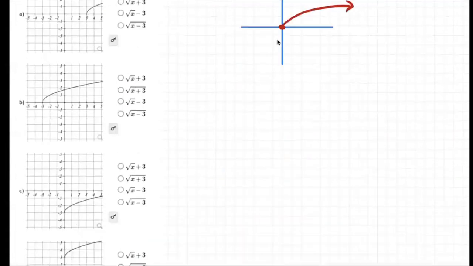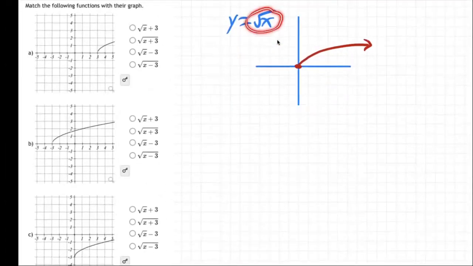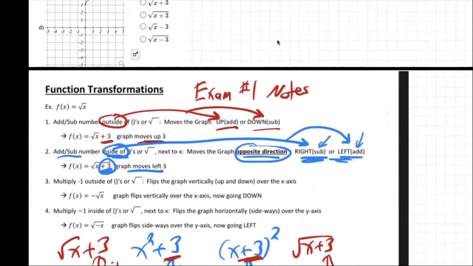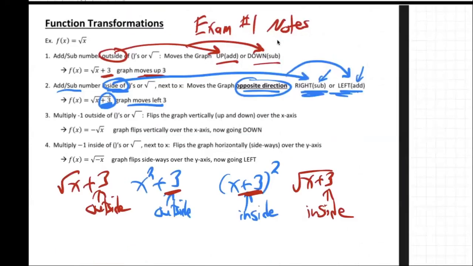So we get back here and we go, okay, normal square root of x starts at the origin, goes this way. But this one clearly has been moved right 3. Instead of starting at the origin, it's right 3. So what makes it go right or left? Well, we come back down here and we go, okay, right is subtraction inside. See that?